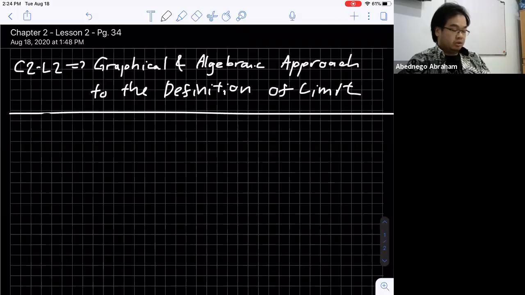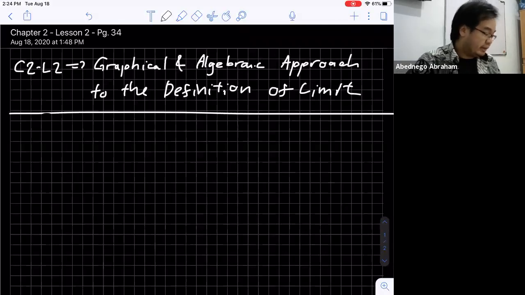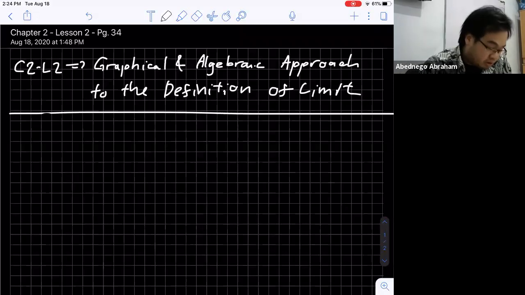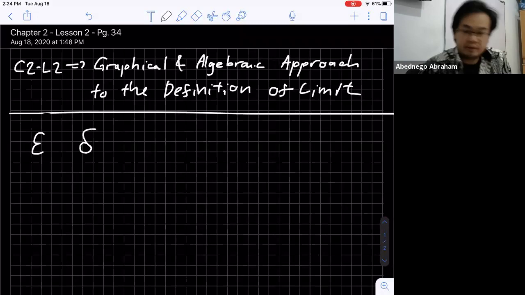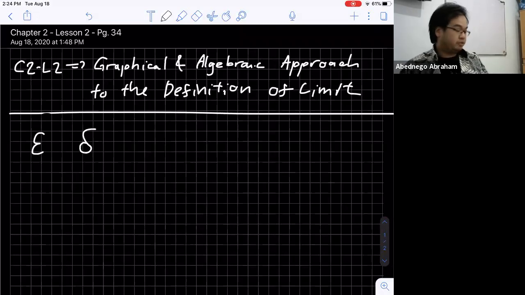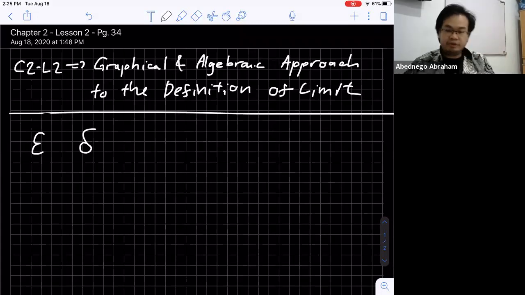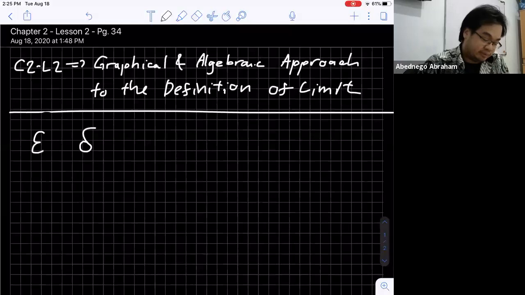In this lesson, I'm going to teach you the mathematical definition of a limit, which includes the letters epsilon and delta. Don't get confused, I'm going to try to explain it now. First I want to review yesterday's lesson.